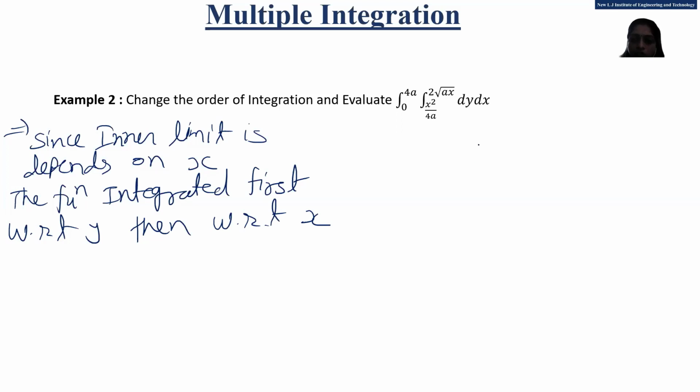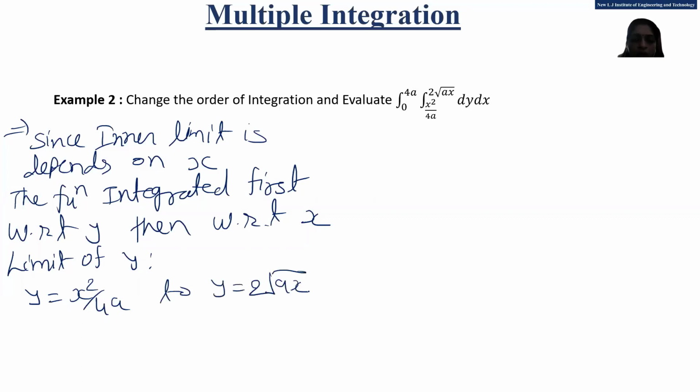Okay, so this is the limit of y, and limit of y is what? Y equal to x square upon 4a to y equal to 2 root ax, and limit of x is what? That is x equal to 0 to x equal to 4a.